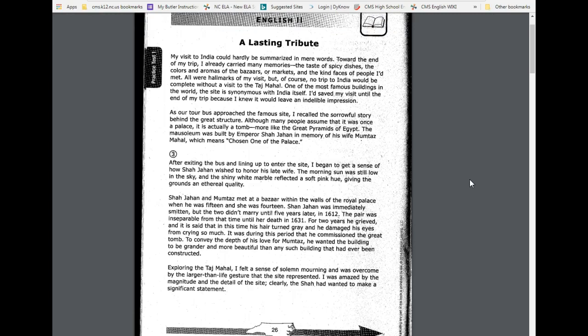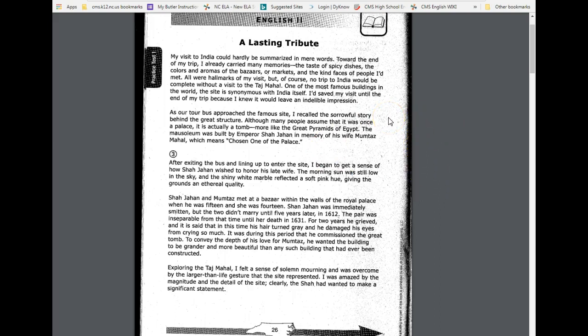Okay, so hopefully you hit pause a minute ago and you read this page. What we have in front of us is a passage about the Taj Mahal. The passage on this first page talks about a visit to India.